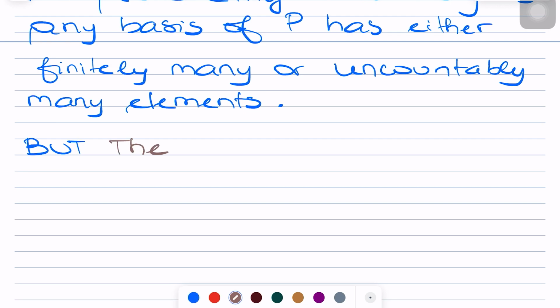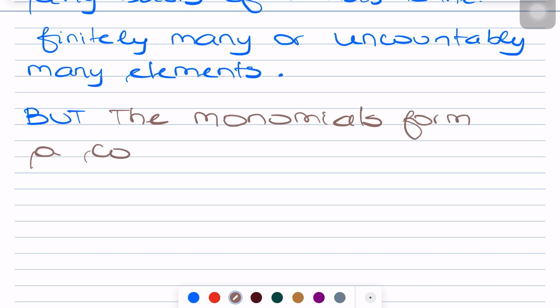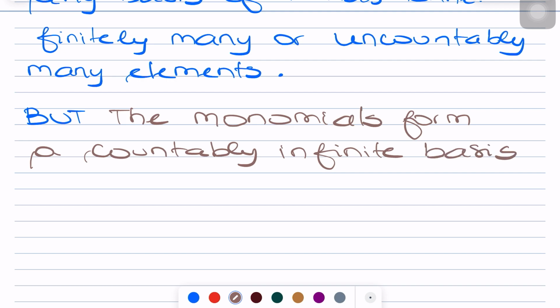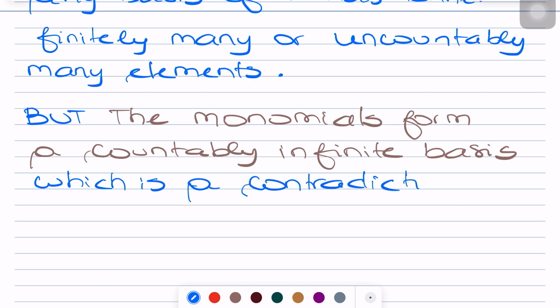The monomials form a countably infinite basis, right? Which is a contradiction. Good, and then we are done.